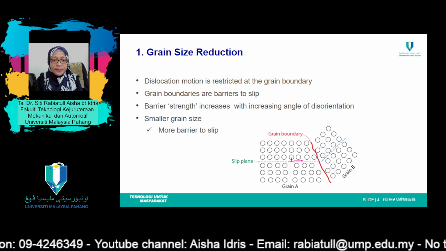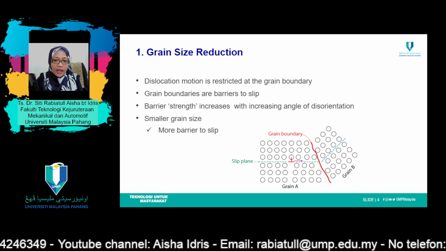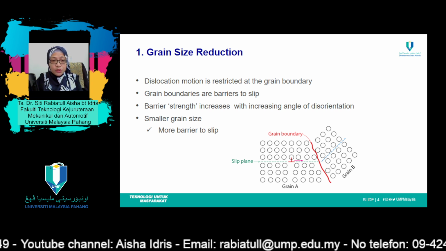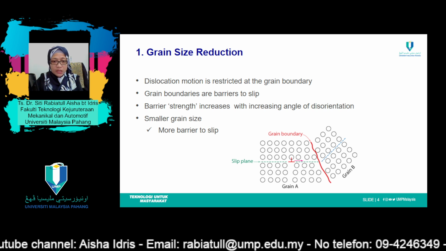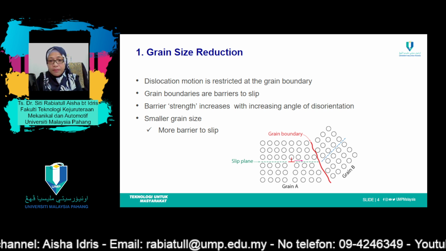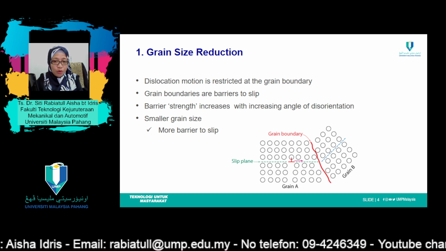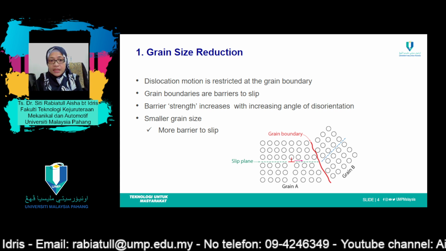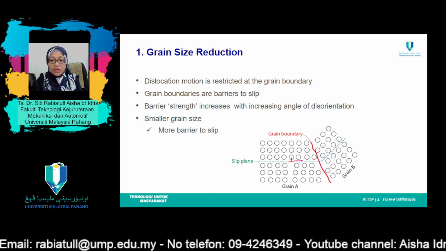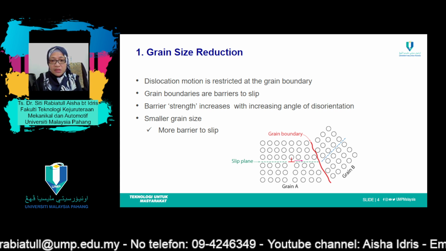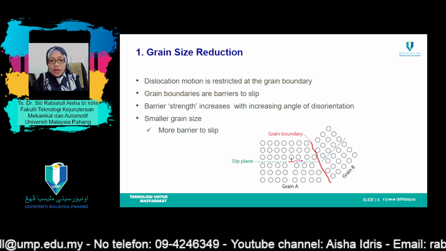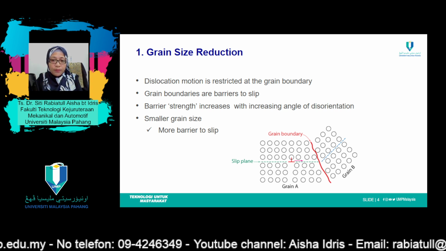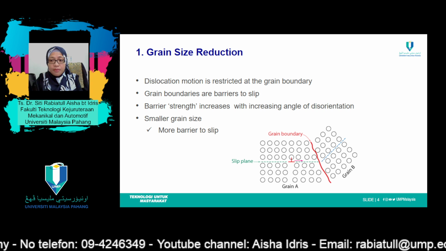Important to understand in strengthening mechanism is the relation between the motion of large numbers of dislocations. The ability of a metal to plastically deform depends on the ability of dislocations to move, because hardness and strength are related to the ease with which plastic deformation can be made to occur.